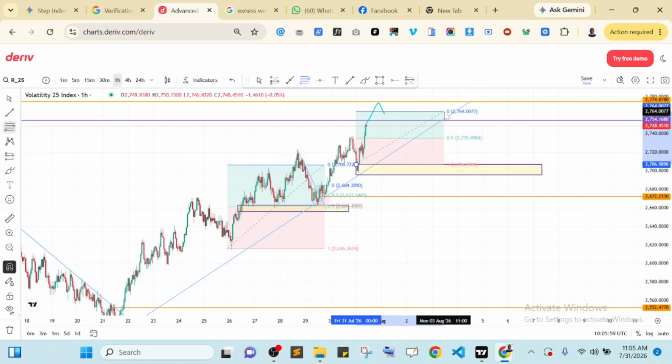So I will wait for it to reverse to the 50 level for me to look for a buy opportunity. Do you get? But if it breaks the trend line and forms a retest and pushes down, I'll be looking for a sell opportunity.